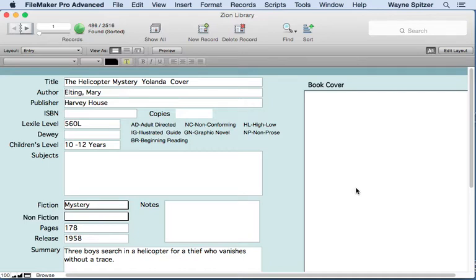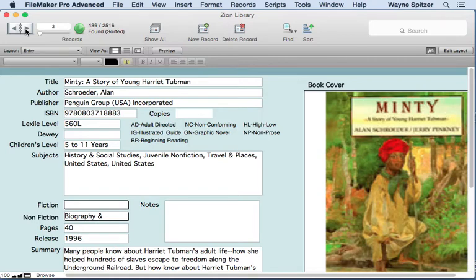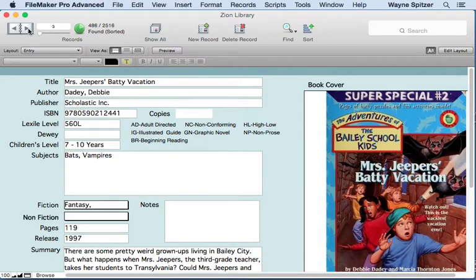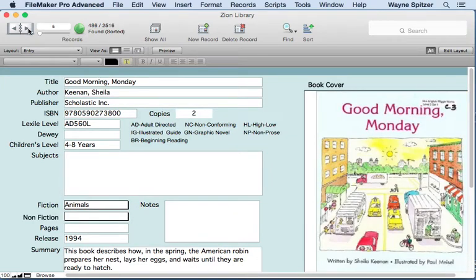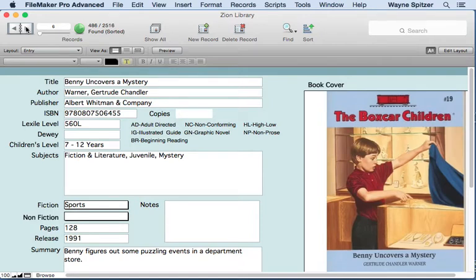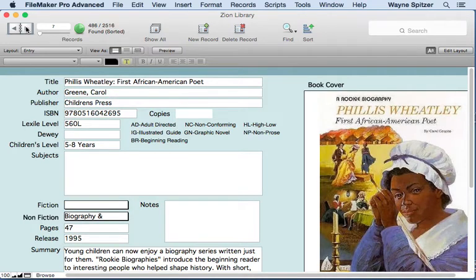We have to scan it in, and we wind up with the book cover for each book. Sometimes what we put in is a little bit clearer than others. That's one of the factors of finding the covers on the internet. It's also a factor of scanning sometimes.